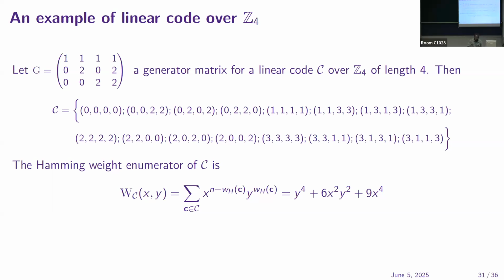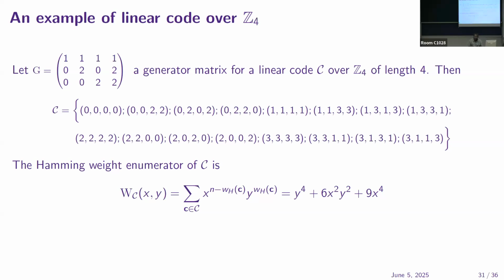There are 6. Here we count these codewords: 1, 2, 3, 4, 5, 6.